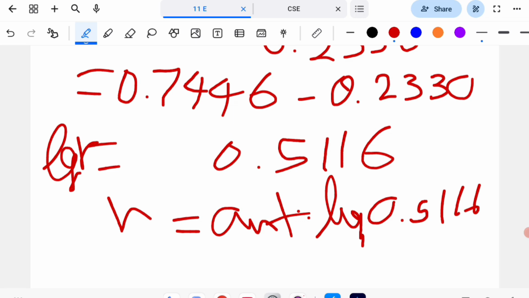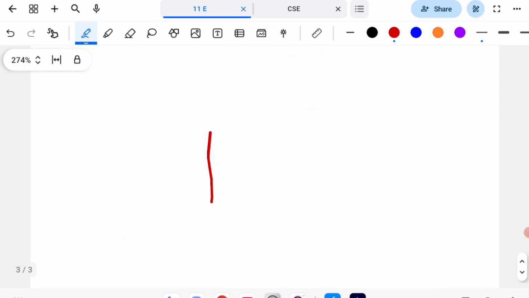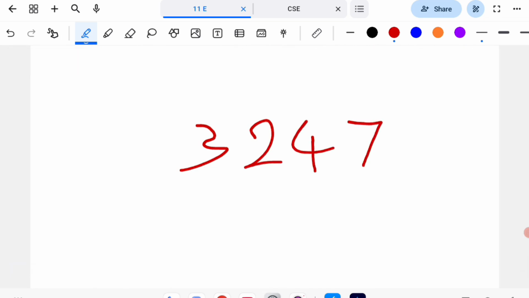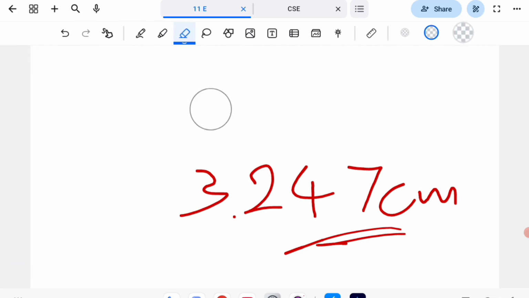We can get the antilog value of 0.5116. 5116 we can find it, 3247. We can separate one whole number because it is a 0 point value. Answer should be in centimeters. It is the radius.